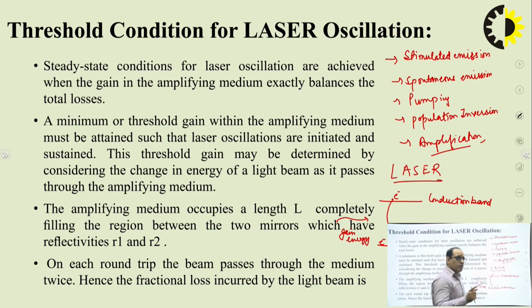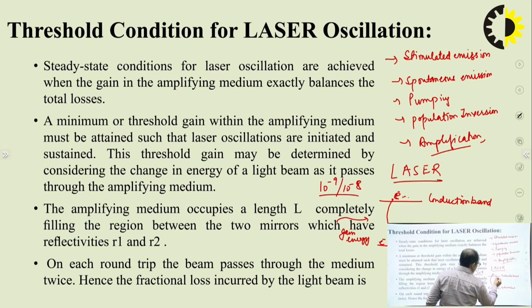Now there are two possibilities. Generally the electron will stay in the conduction band for about 10⁻⁹ or 10⁻⁸ second. To achieve stability, the electron will come back automatically after staying this much time.